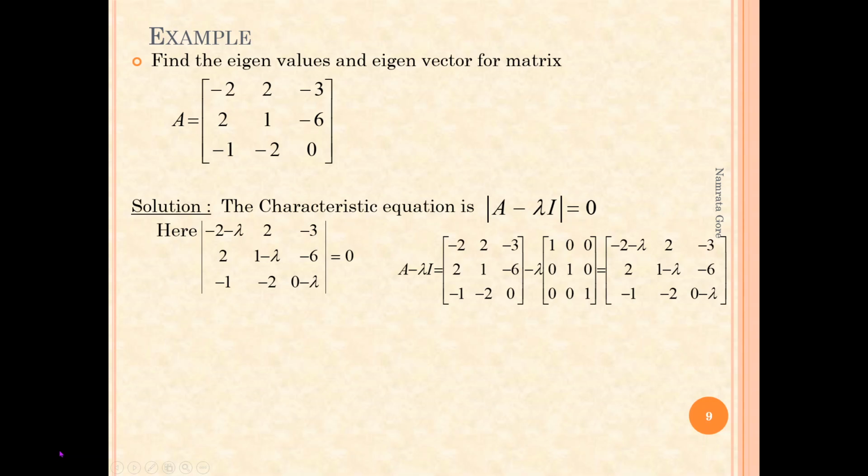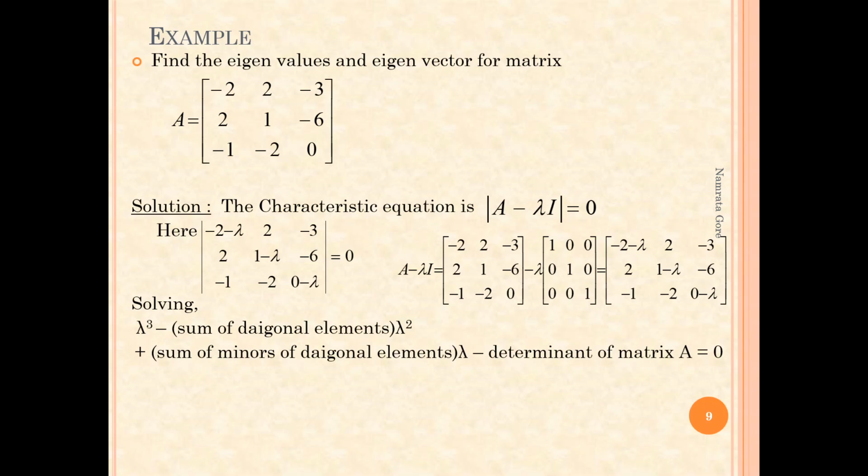Now for solving this particular determinant, I will suggest a different methodology wherein we have this formula: lambda cube minus sum of diagonal elements into lambda square plus sum of minors of diagonal elements into lambda minus determinant of matrix A. So here in this case, the sum of diagonal elements will be -2 plus 1 plus 0, and the sum of minors of diagonal elements we will have to evaluate one by one: minor of -2, minor for 1 and minor for 0.